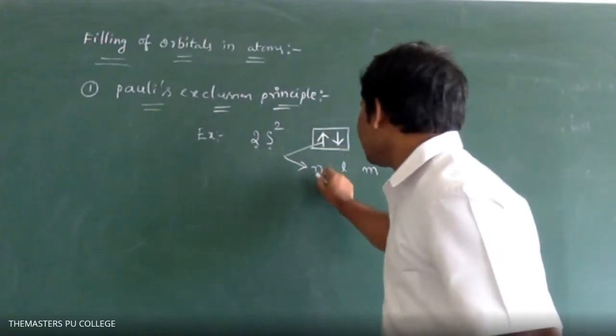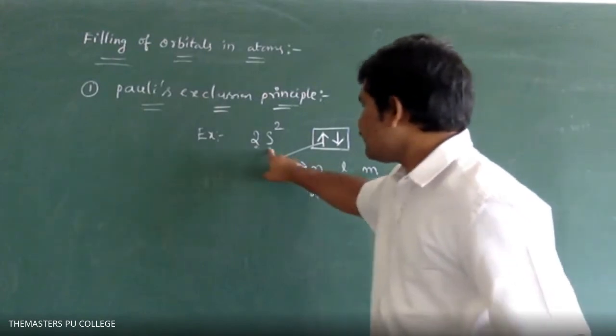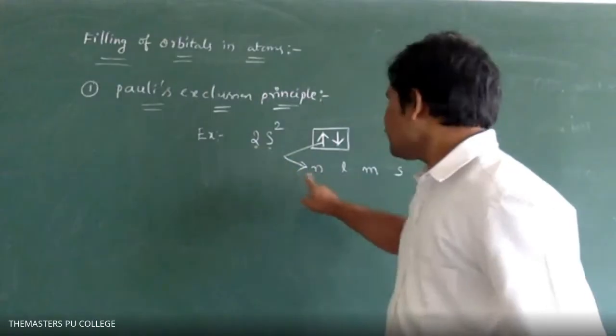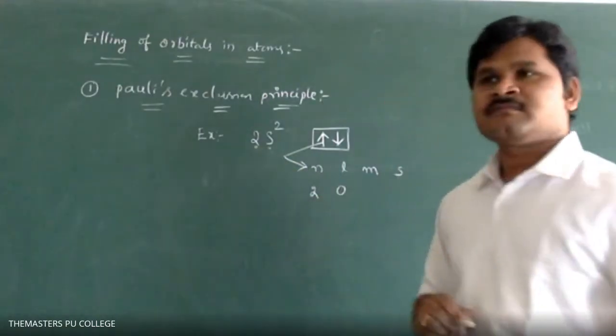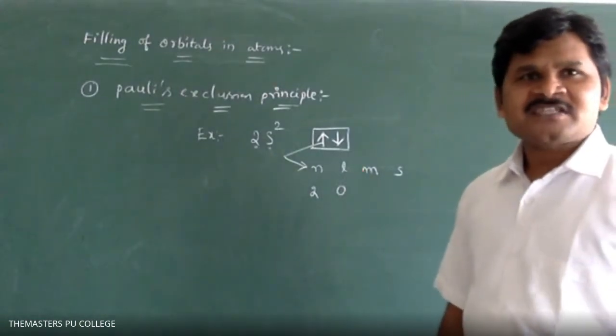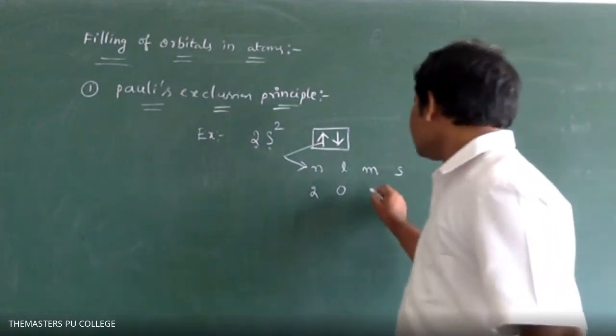So its n value is 2. This is which orbital? S orbital, so the l value is 0. If the l value is 0, the m value is compulsorily 0.